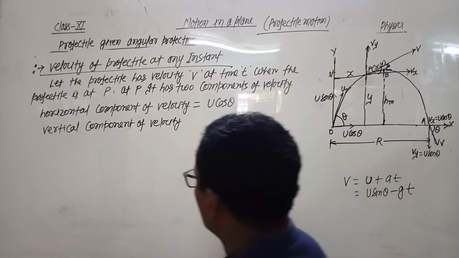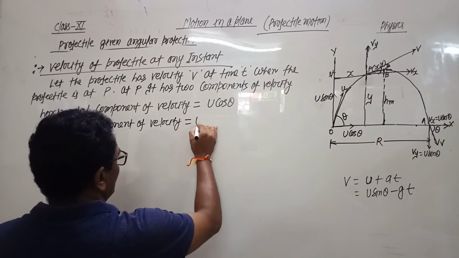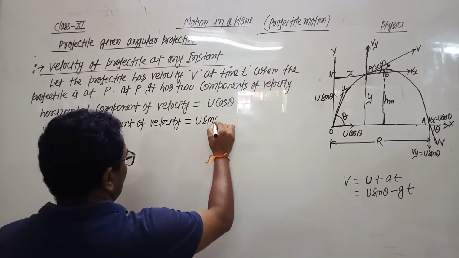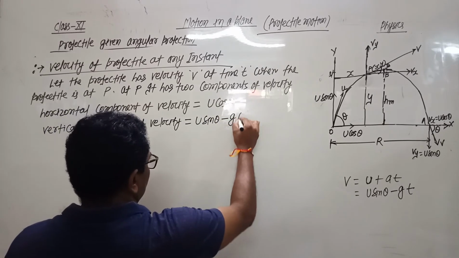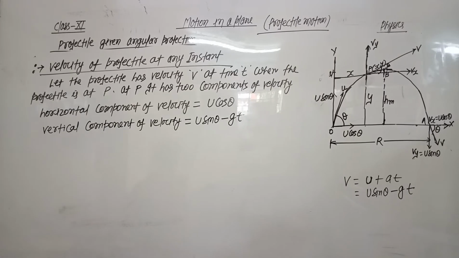So the vertical component of velocity at point P is u sin theta minus gt.